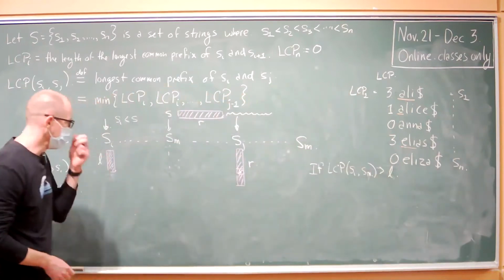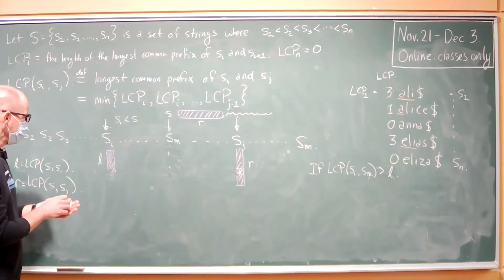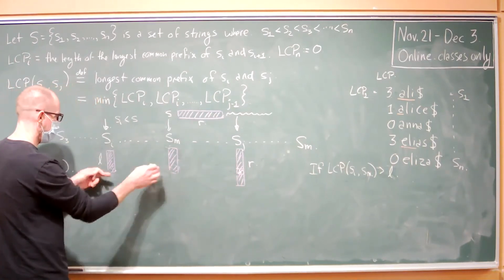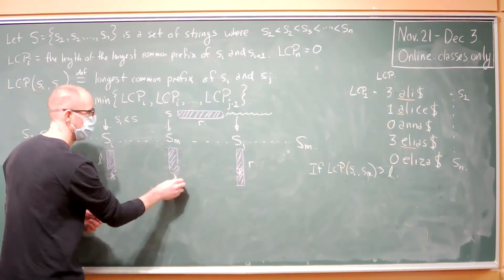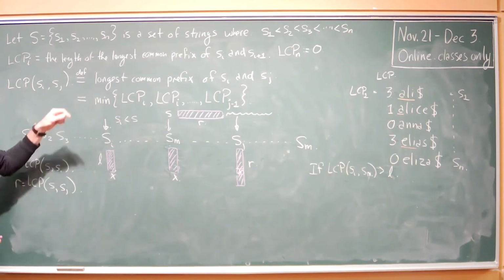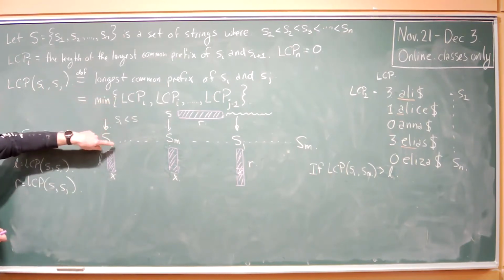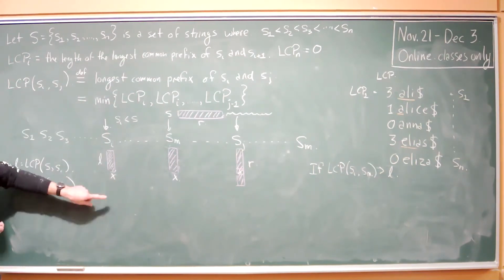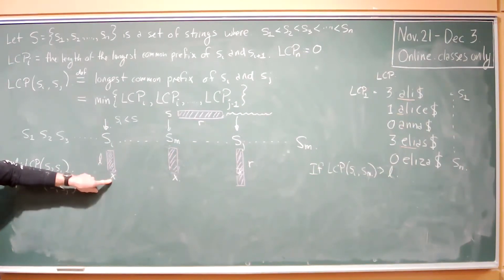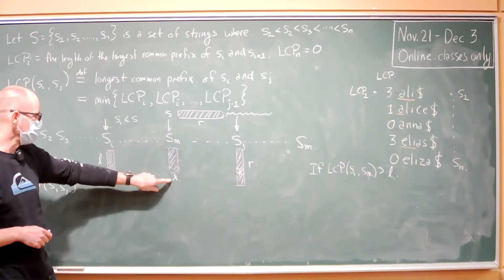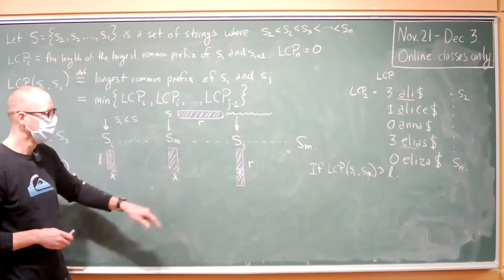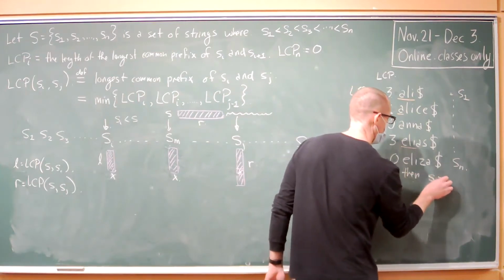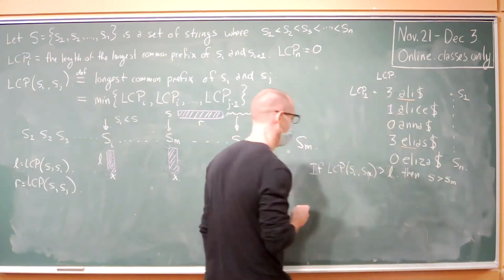Now, if that's bigger than L, then that means these things agree on the first L things, and they agree on at least one more character. And we already figured out that S is bigger than SI because you figure out that it's bigger than SI by the time you get to this character, which means that if I do the same thing to SM, I know that S is bigger than SM. Okay. So if that happens, then S is bigger than SM. Good.